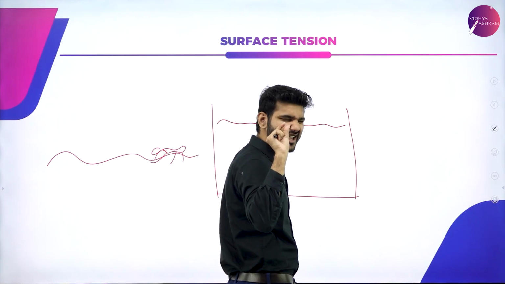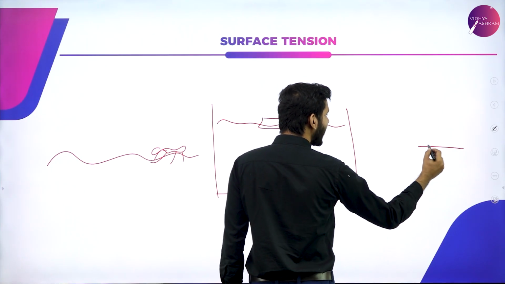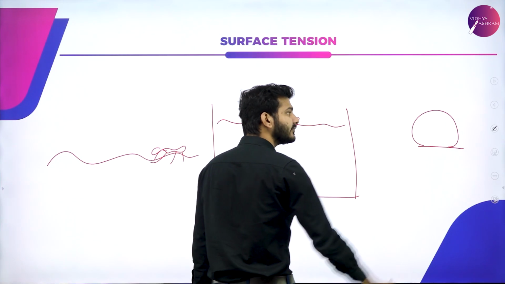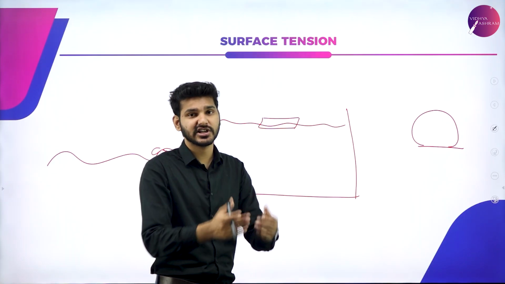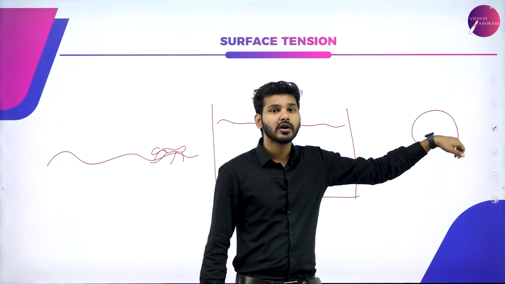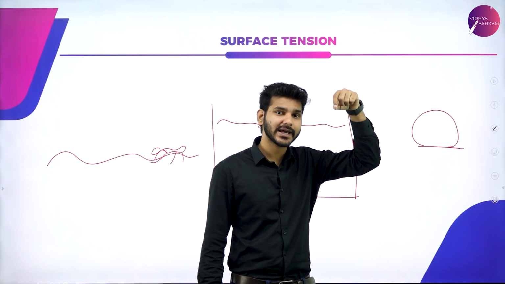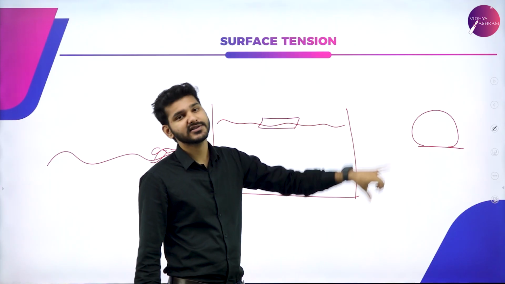If you drop a tiny little drop of water on a table, you will observe that it is in this particular shape. Why is it in a spherical shape? This is flat because it is being dropped on a table. A drop of water in mid-air will form a perfect sphere. Why is it forming a sphere?